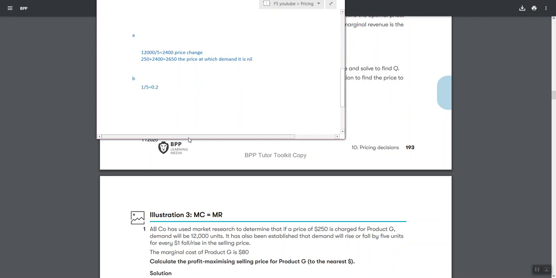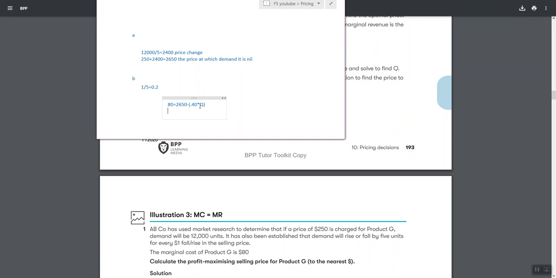So we can make the equation as marginal cost or marginal revenue equals 2,650 minus 0.20 multiplied by 2. Remember in the formula we have 2, so 0.20 multiplied by 2 will make it 0.40 multiplied by Q. So using this formula, we can find the quantity we need to sell.